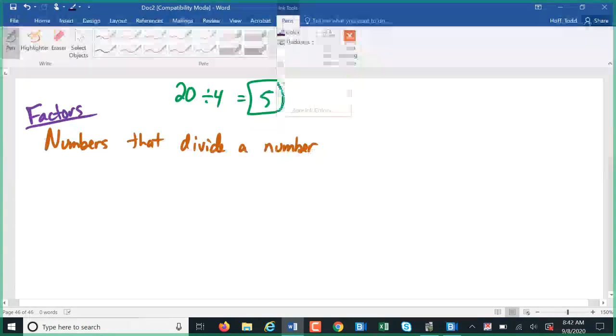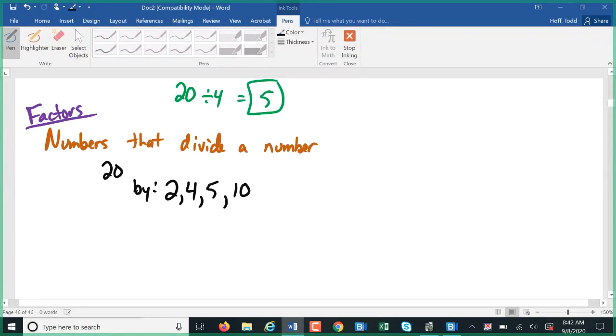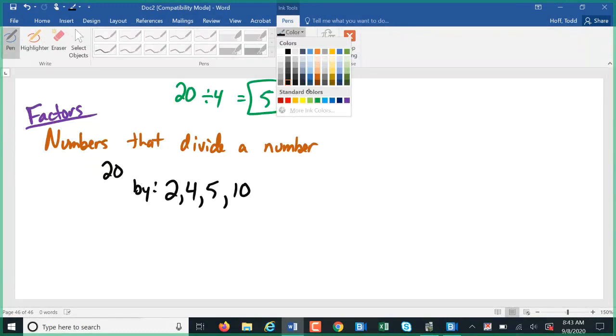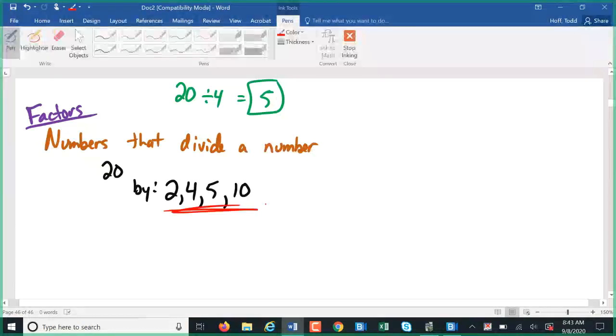So we said 20 could be divisible by 4, but it could also be divisible by 2, the 4, the 5, and the 10. Those are all numbers that divide 20. Those are the factors of 20. Now you might say, well, 20 divides by 1. That gives us 20. There's no decimal or fraction or remainder there. It also divides by 20, which would give us 1. There's no decimal, fraction, or remainder there.